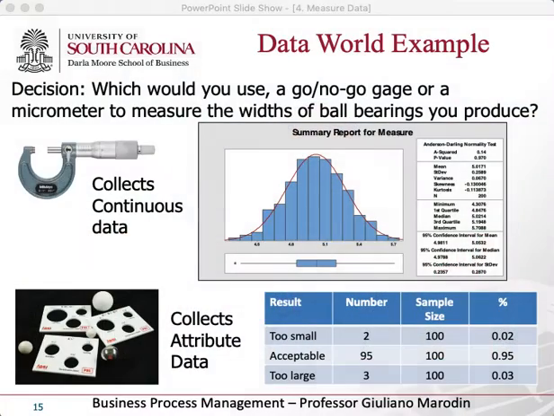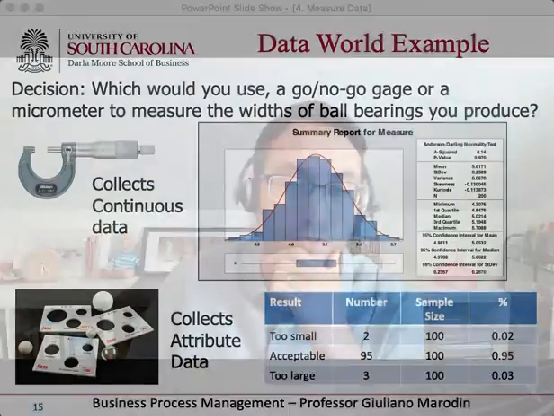Well, I can transform continuous data, the histogram, into attribute data if I want to, right? That's fine if that's what I want. But I cannot go the other way around. I cannot collect attribute data and then say, oh, let's make it continuous. Doesn't work. So that's another reason why, let me tell you a secret, continuous is a lot better than attribute data. Okay, keep that somewhere in your mind.